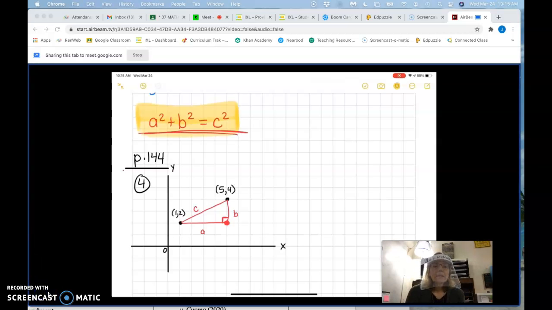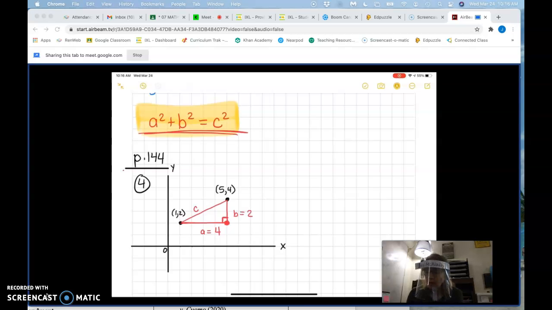Okay. So, how many squares is my A? Count the little squares right now on your graph and tell me how long it is for A. Right here. How long is this? Oh, I'm just counting. B. 2. Good.